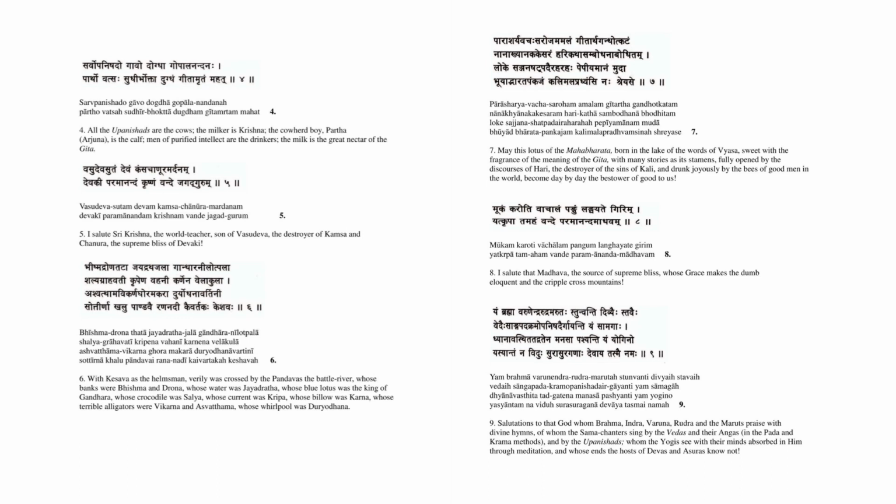All other words in this shloka are adjectives, or visheshanas, to Krishnam. In Sanskrit, there is a rule that all the visheshanas have to be in the same linga, vachana, and vibhakti as the vishesha.